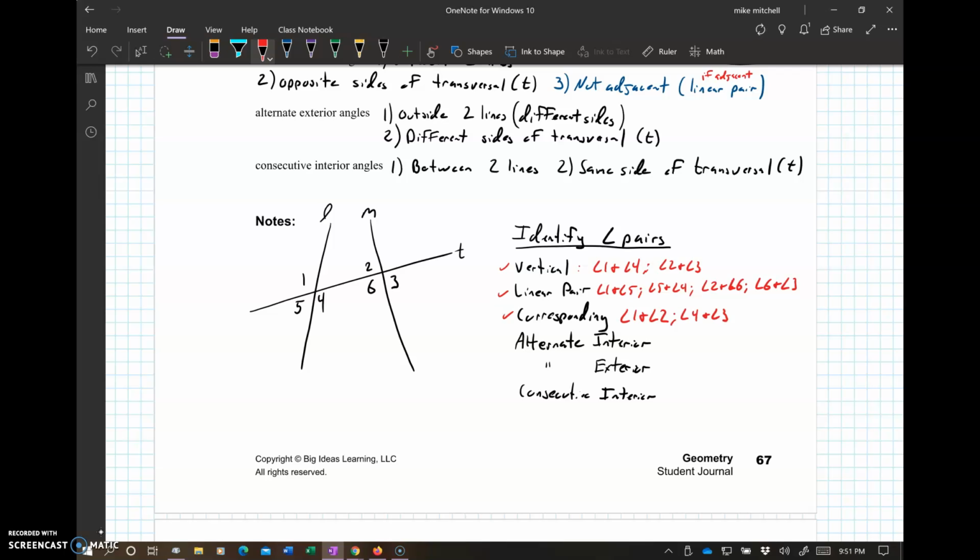So let me go back to 1 and 2. 1 and 2, they're both above the transversal. They're both to the left of those lines. Okay, so that works. Whoa, a little too much erase there.